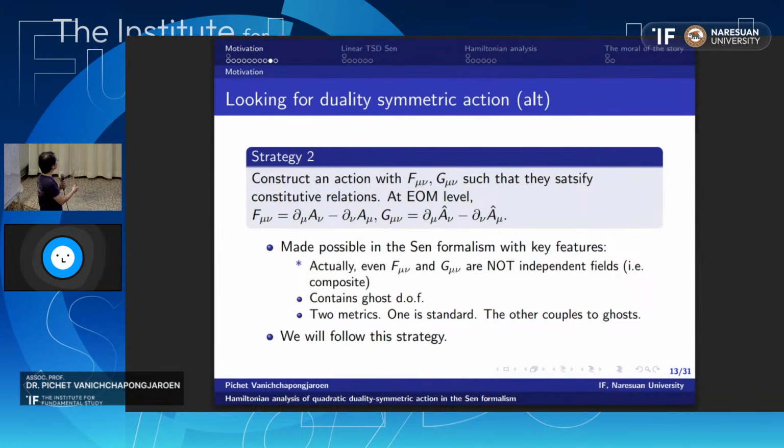In this formalism, F and G are composite fields and we don't vary with respect to them. There are other independent fields that we vary with respect to, and then we construct F and G from them. The theory also contains a gauge degree of freedom and two metrics, one the standard metric and the other coupled to the gauge field.